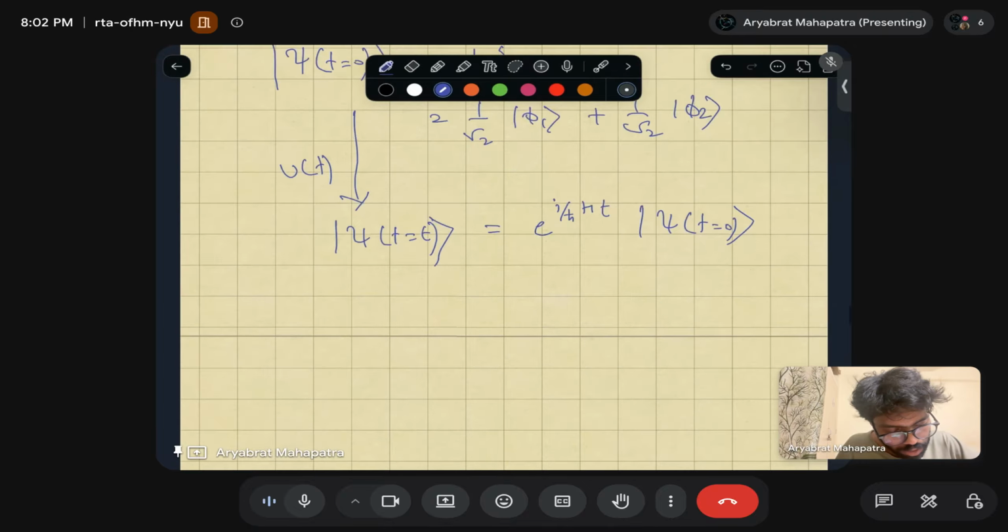So now H is given to be, if you remember, omega S_y, which is given in the question.